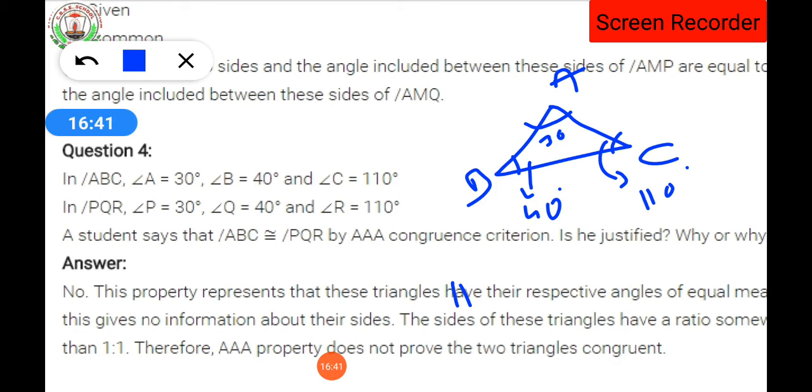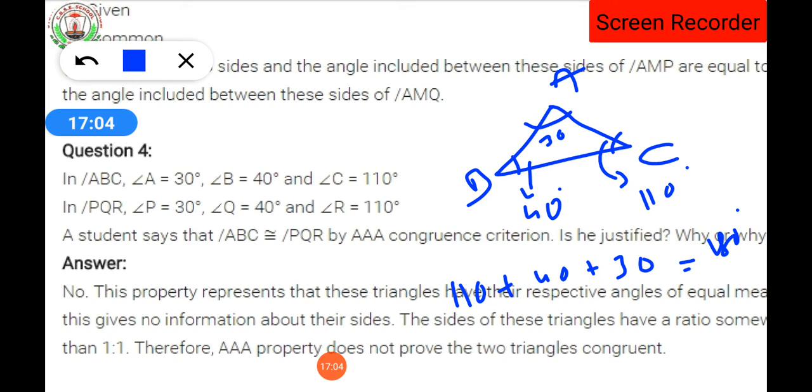So while adding 110 degrees plus 40 degrees plus 30 degrees, how much will it be? 40 plus 30 will be equal to 70. 70 plus 110 will be equal to 180 degrees, isn't it? So here the sum of all three angles is equal to 180 degrees.